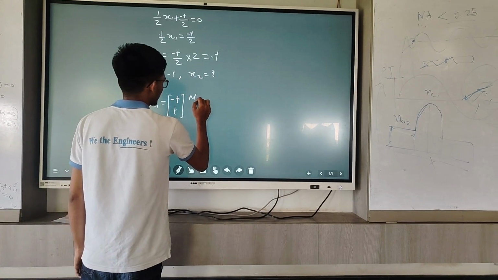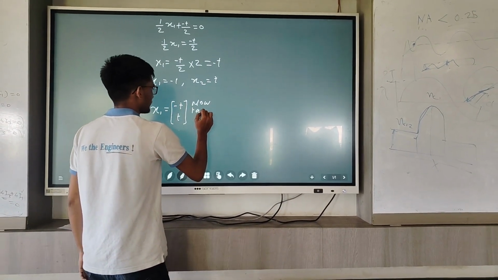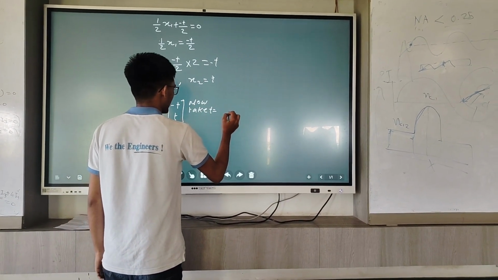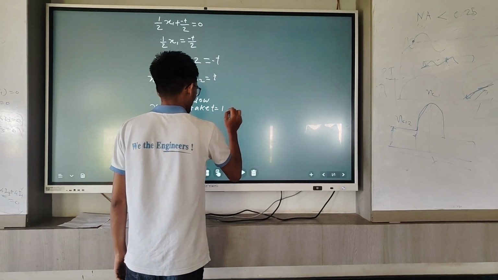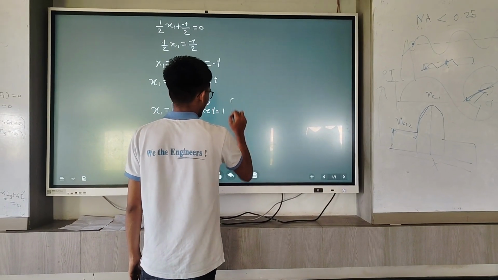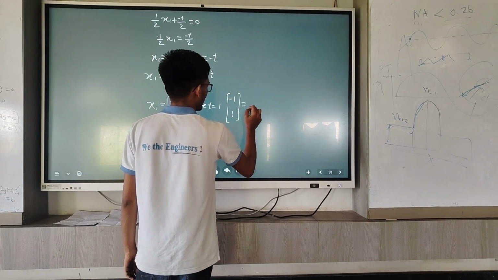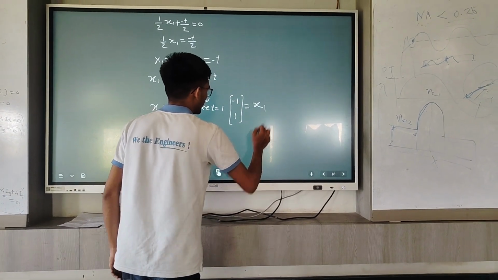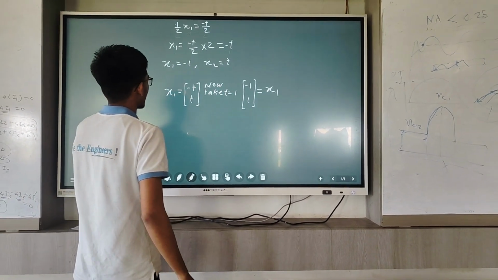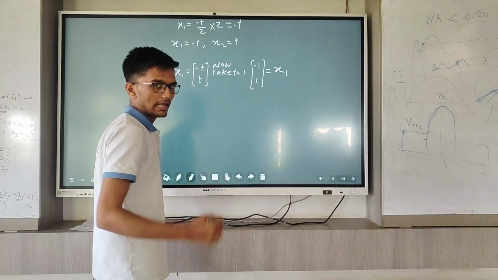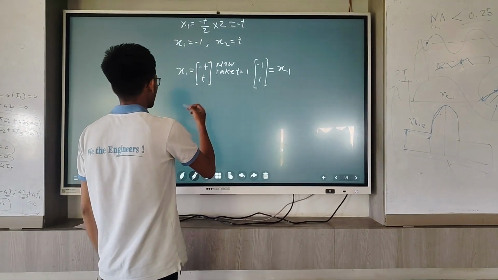Now take t is equal to 1 and we write x1 is equal to minus 1, 1. Now this is for lambda 1. Lambda 1 is equal to 1.